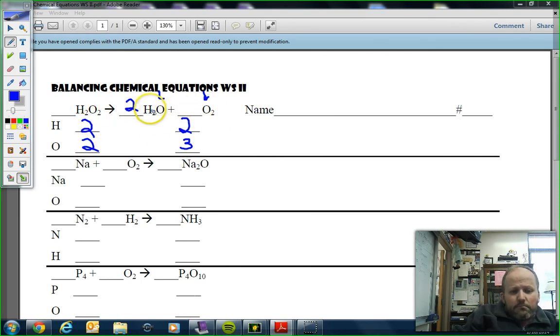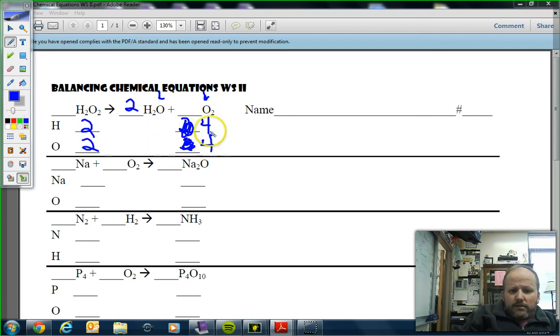So let's just try to mess with this number and change it from a 1 to a 2. I want to do that to fix the oxygen. Well, there's 2 oxygens there. 2 times 1, we now have 4 oxygens. But by putting a 2 there, I've messed with the hydrogen as well. 2 times 2 is now 4.